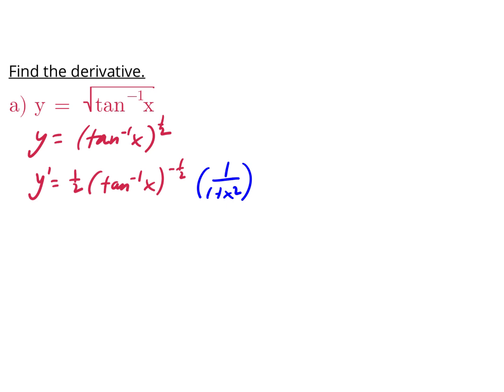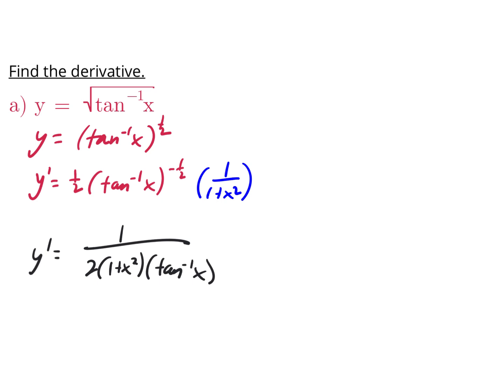From here, I need to put it together, though, and make it a little more simplified. So here are the things that I can do with it. Right? This can all go down. The 2 is already down, and this is already down. So really on top, there's a 1.